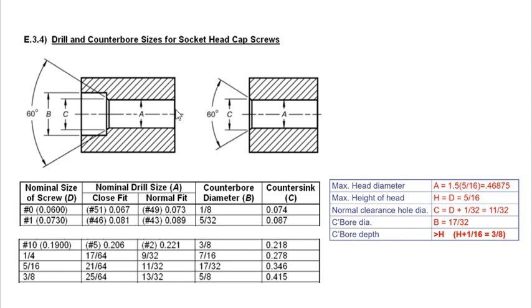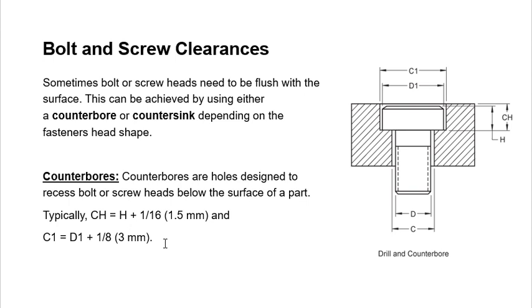Which is your counterbore table. This is just showing you the diameter. This is asking you the depth. The only depth that's been given to you is right here in mathematical form. So when you study, you have to do these things.